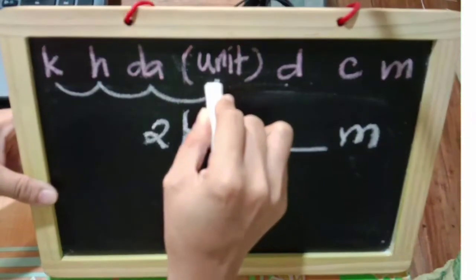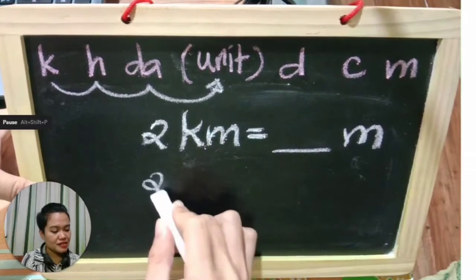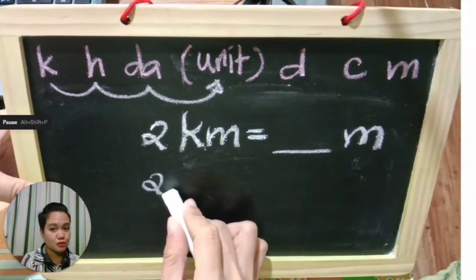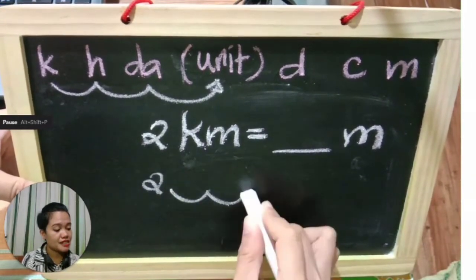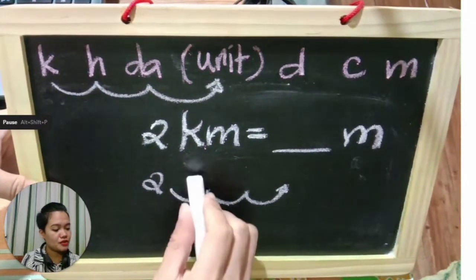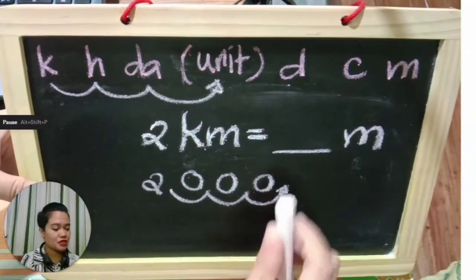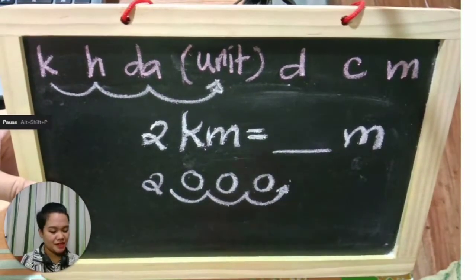So you have 3 steps from kilo. That also means from 2, you have to move 3 decimal places. So we'll be adding zeros on these places, which means your decimal point will now be there.